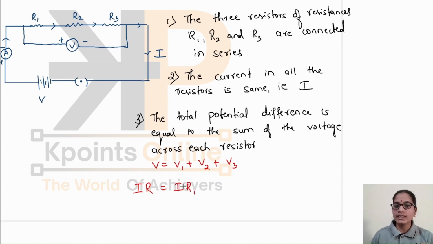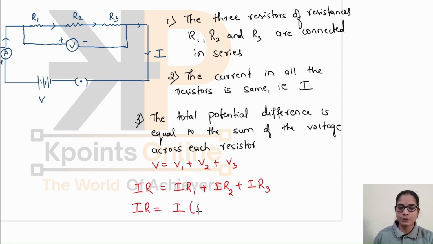Why have we taken I only here? Because we know that the same current will flow through the circuit. Across each resistor, the same current will flow. For V2, we get IR2. For V3, we get IR3. Now, taking I as common, IR is equal to I into R1 plus R2 plus R3.